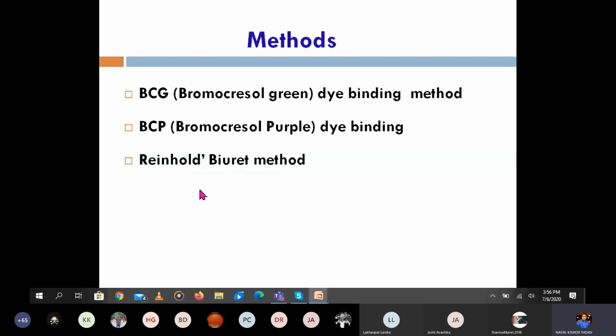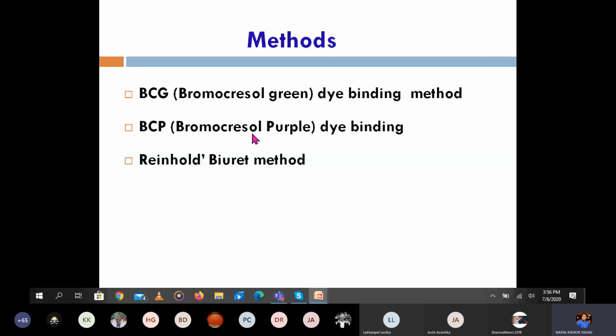But you have used the BCG method, the bromocresol green dye binding method. If you are asked for alternative methods for the estimation of serum albumin, you have to say bromocresol purple. This is also a dye binding method. Here it is green and this is purple, that is the only difference.